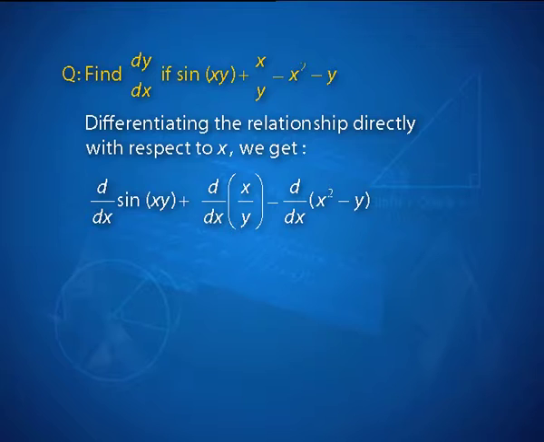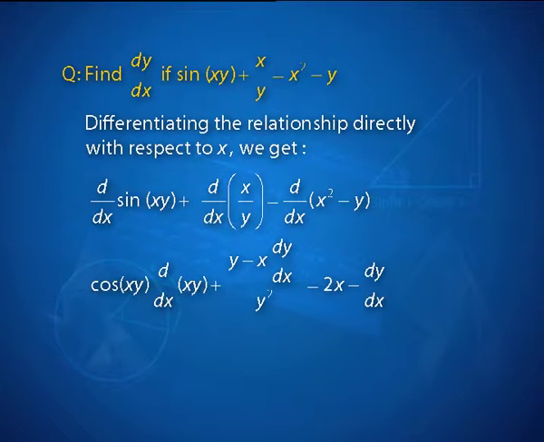The first term, that is sine of x into y, gives us cos xy into derivative of xy, chain rule again, plus what happened here? What I have used is what you see, I read it as x by y. So, there is a clear presence of quotient rule. Right hand side is just 2x minus dy by dx.